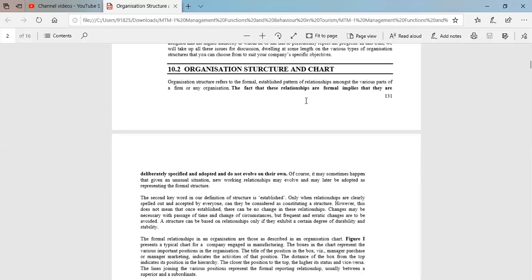So organizational structure means, every organization has various departments, various positions. So the relationship between them is the structure, like the hierarchy. The hierarchy is a structure, okay?